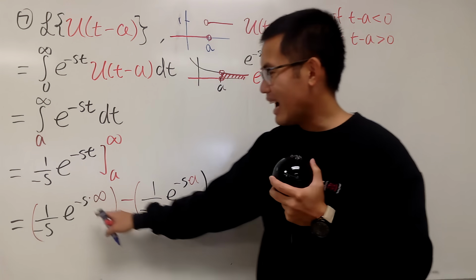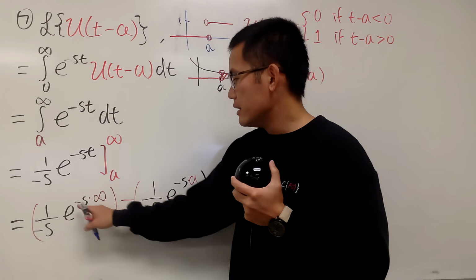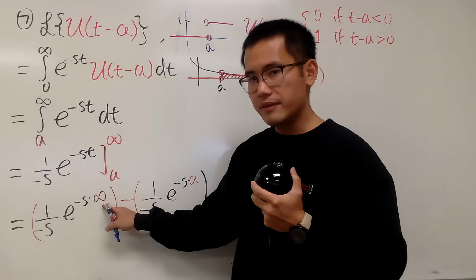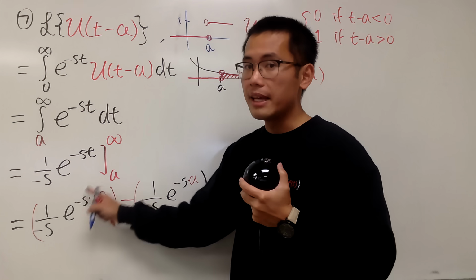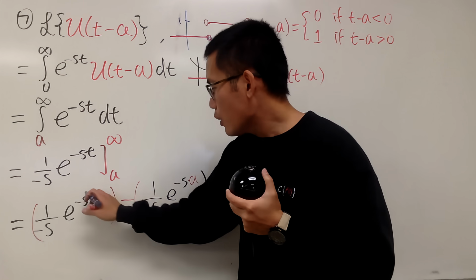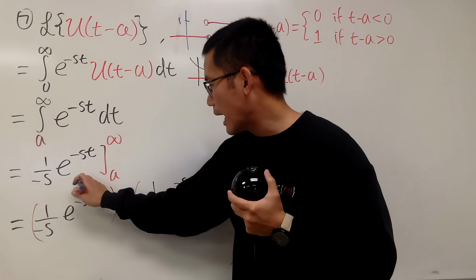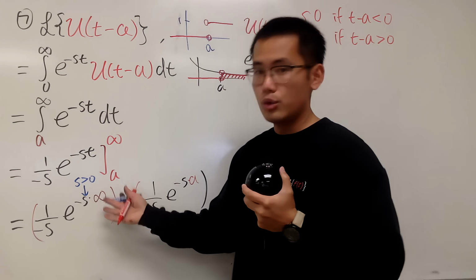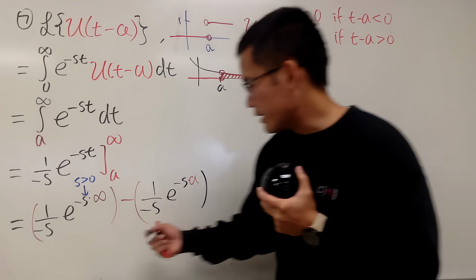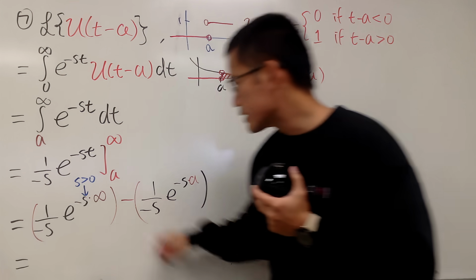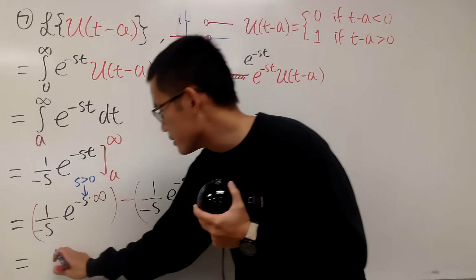It depends on what s is. This is negative already, this is positive infinity. s has to be positive so that we get negative infinity out of this. So s has to be greater than 0, and with that condition, the first part has to be 0.